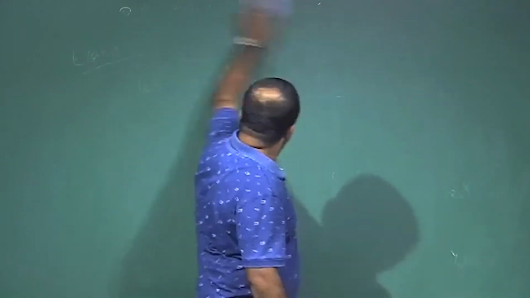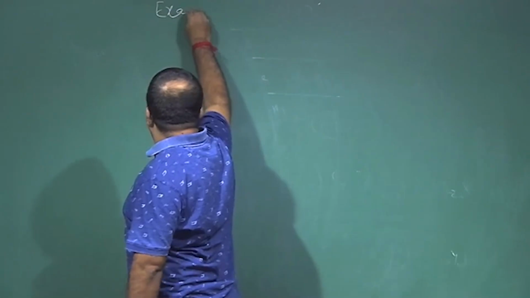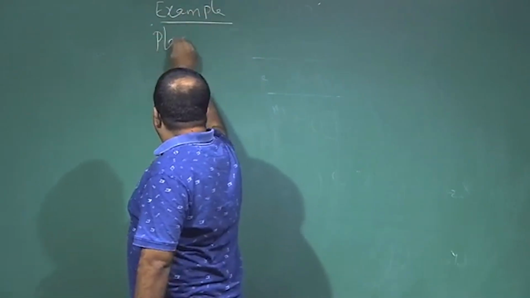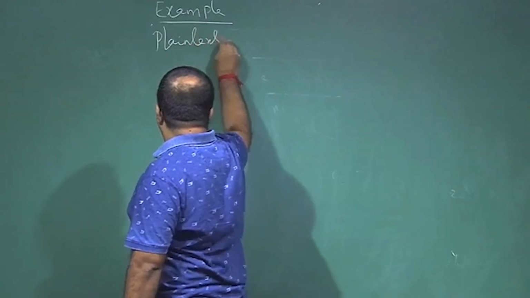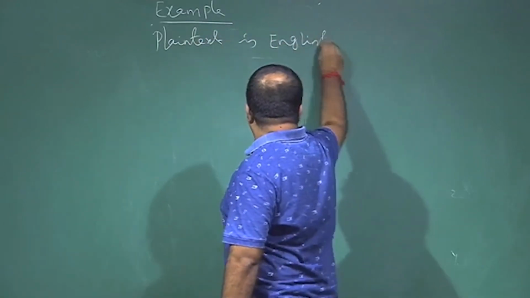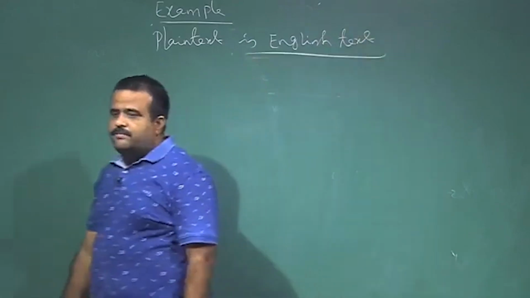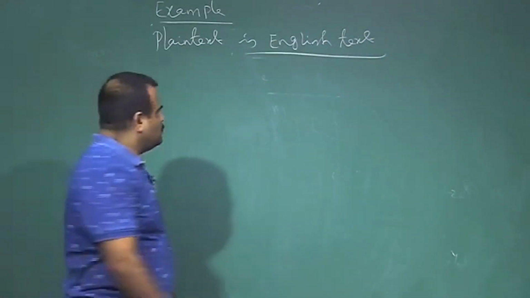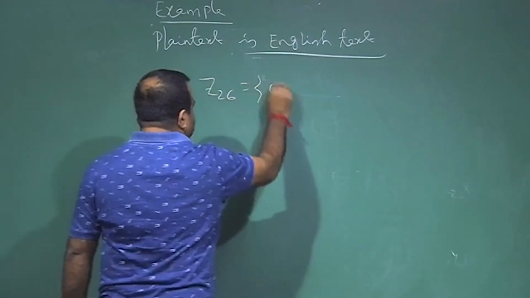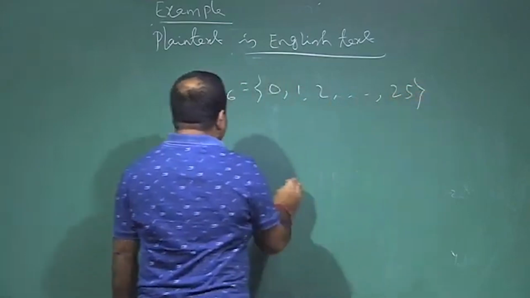Suppose the plain text is English text, and so we have the correspondence between English text and Z26. So, this is Z26: 0, 1, 2, up to 25, and the English alphabet.